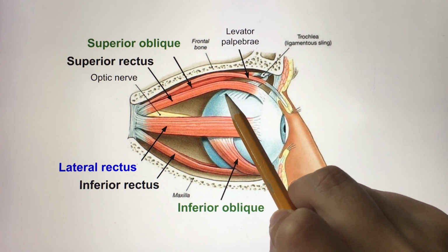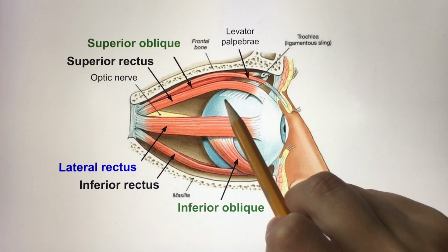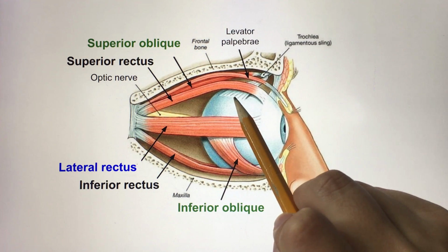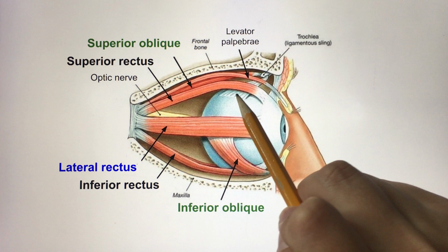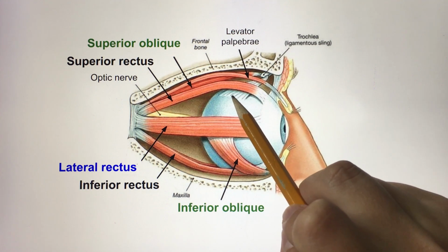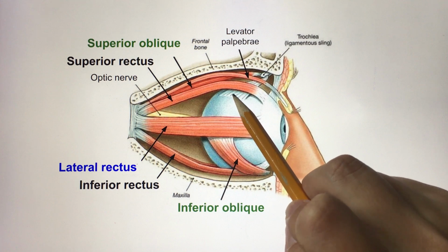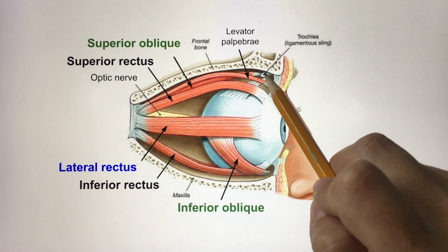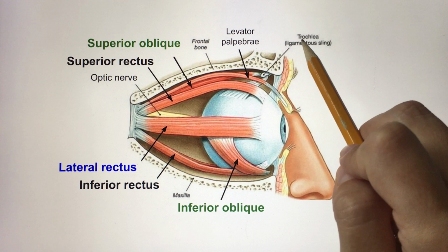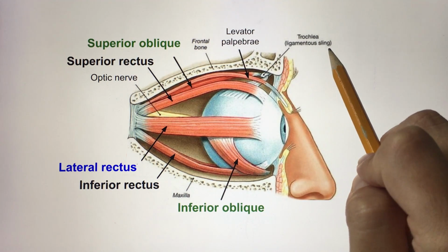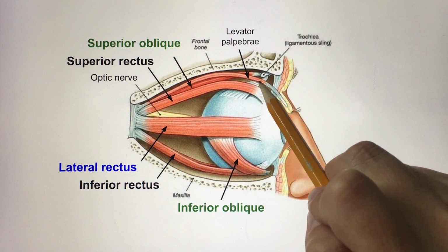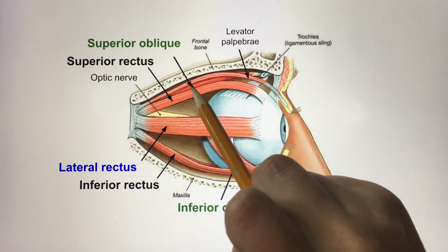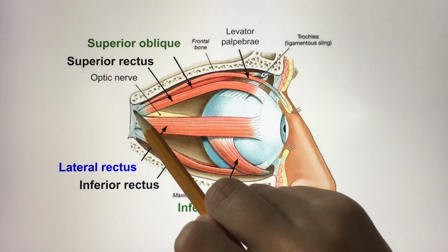The superior oblique muscle is connected towards the lateral side of the eye on top. So it's not on the medial side. It begins on the lateral superior end of the eye, and then its tendon actually bends towards the medial side, so it bends closer to the nose, and then it passes through a little loop called the trochlea. The trochlea is a ligamentous sling that the tendon of the superior oblique muscle passes through, and then it travels in the same direction as the rest of the eye muscles towards the back of the eye socket, and that's where it connects.